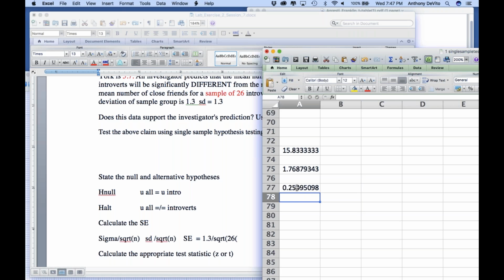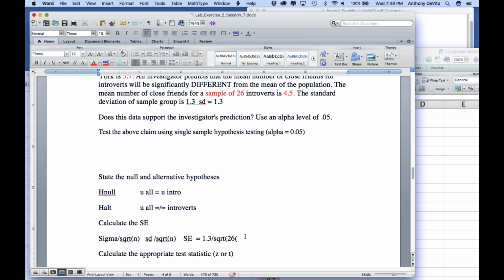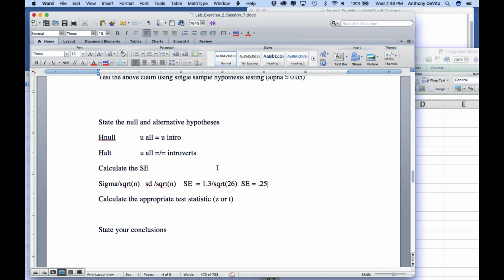I'm just going to round that to 0.25. So my standard error is equal to 0.25.